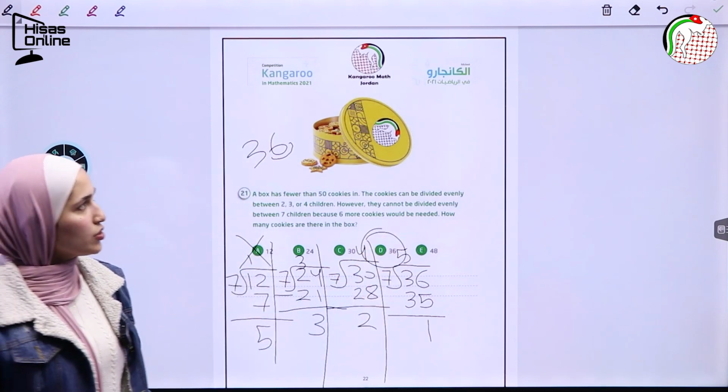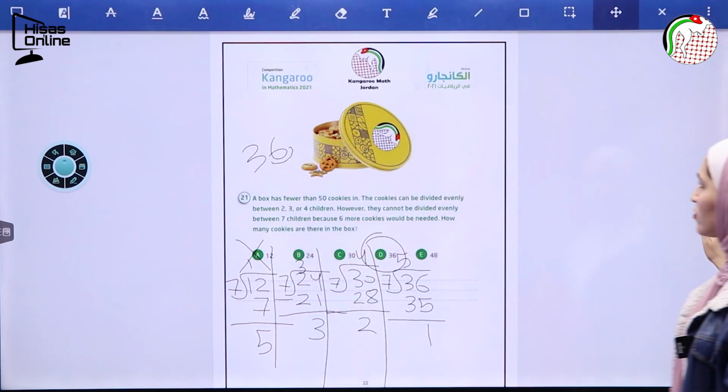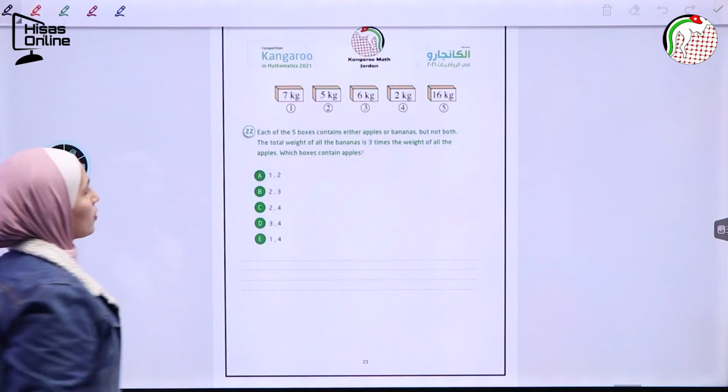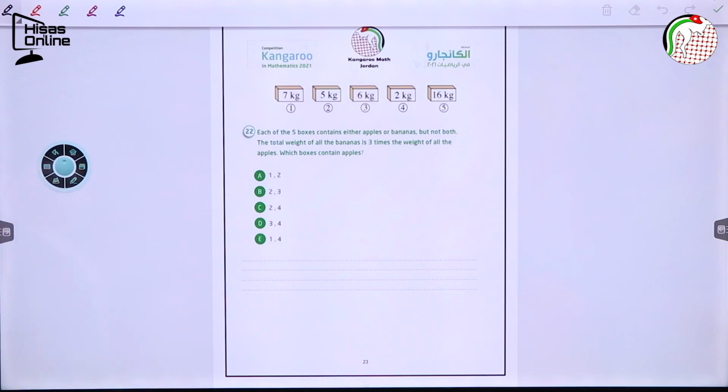Now let's go to question number 22. Each of the 5 boxes contains either apples or bananas, but not both. The total weight of all the bananas is 3 times the weight of all the apples.